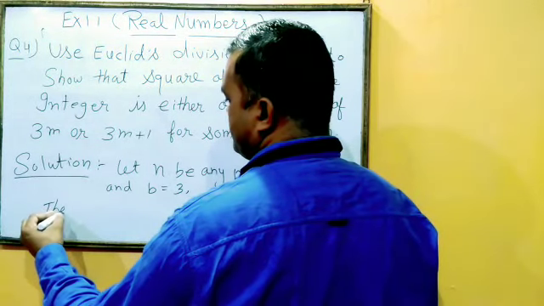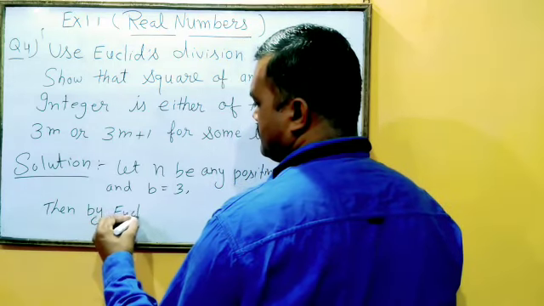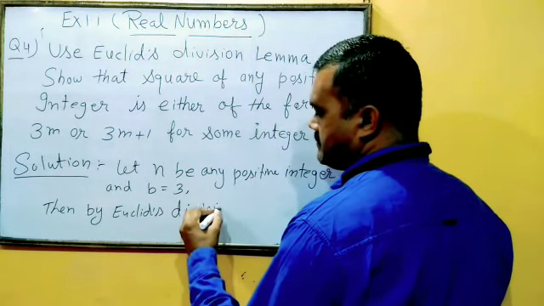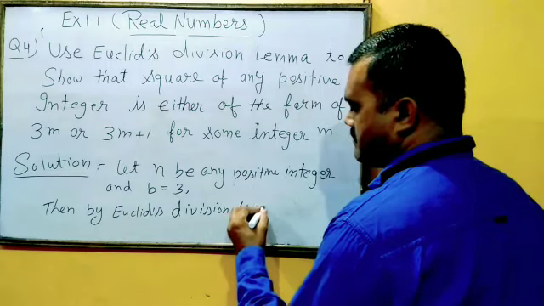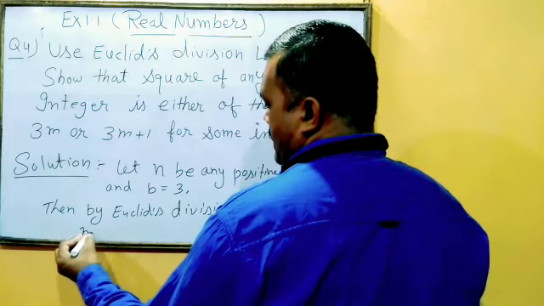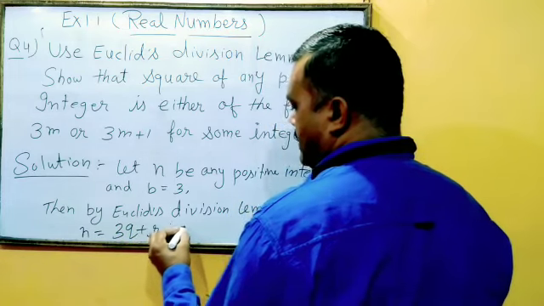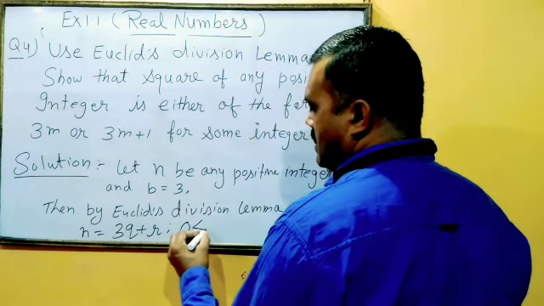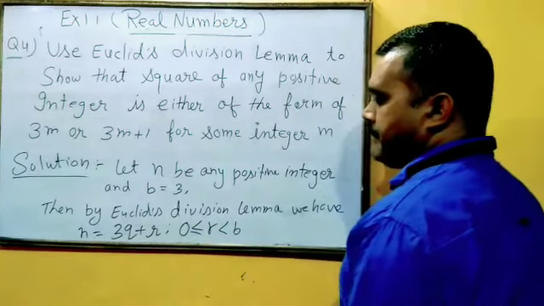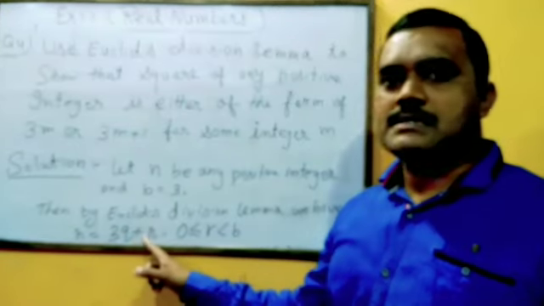Then by Euclid's division lemma, we have n is equal to 3q plus r, provided r is greater than or equal to 0 and less than b. This is the Euclid division lemma. Therefore n is equal to 3q plus r.